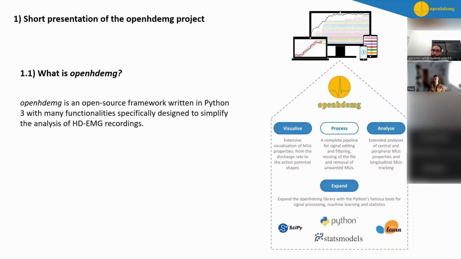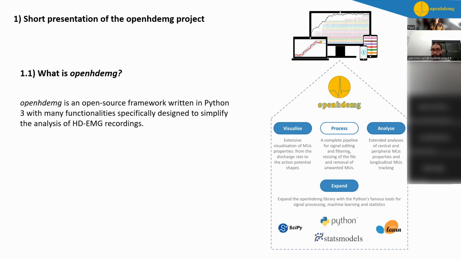Once we load this file, we can process it, so we can prepare it for the following analysis. And then we can do all the major analyses of motor unit properties, going from the very simple ones, like motor unit recruitment and the recruitment threshold, to the more complex ones, like conduction velocity estimation or tracking of the motor units.